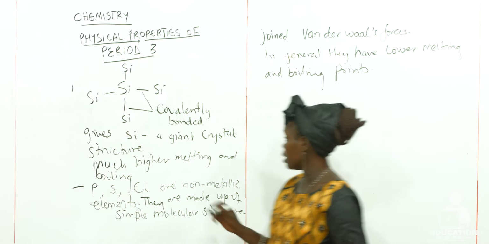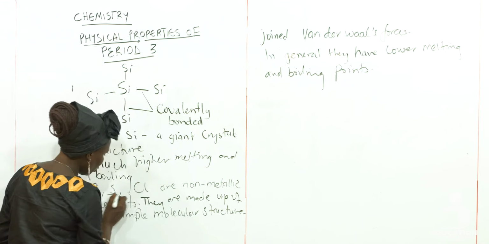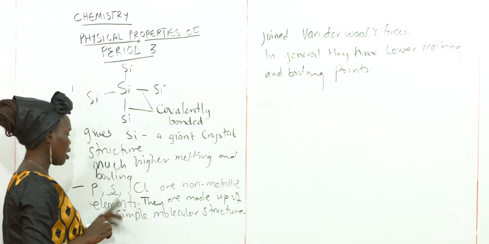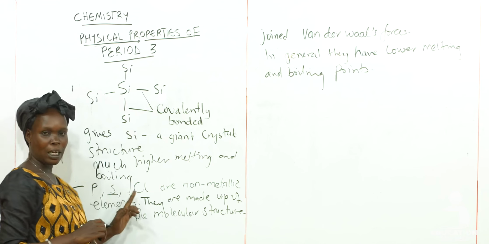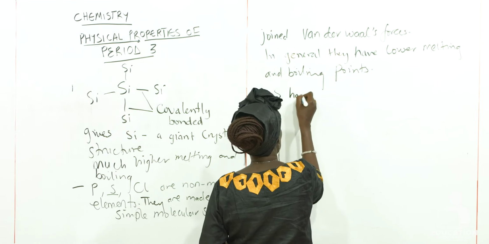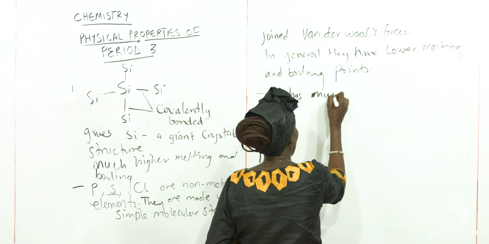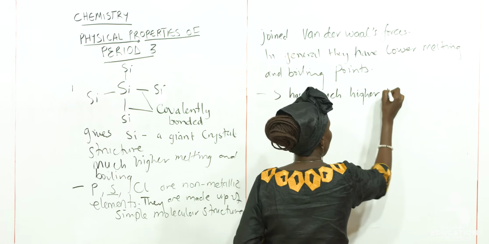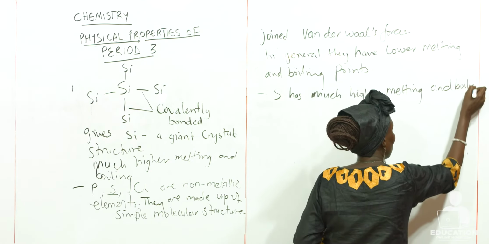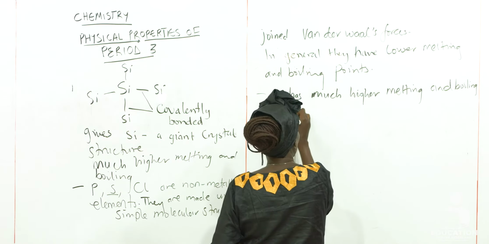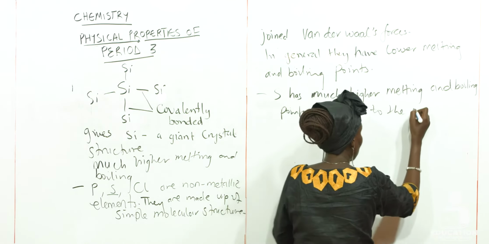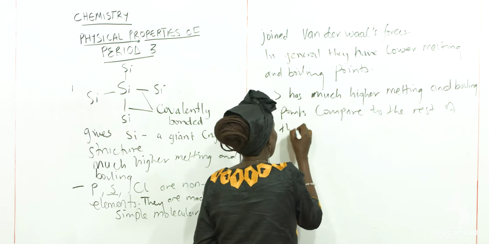Here we have an exception whereby, although they all have lower melting and boiling points compared to the rest of the elements, sulfur has much higher melting and boiling points compared to phosphorus and chlorine. So sulfur has much higher melting and boiling points compared to the rest of the non-metals.